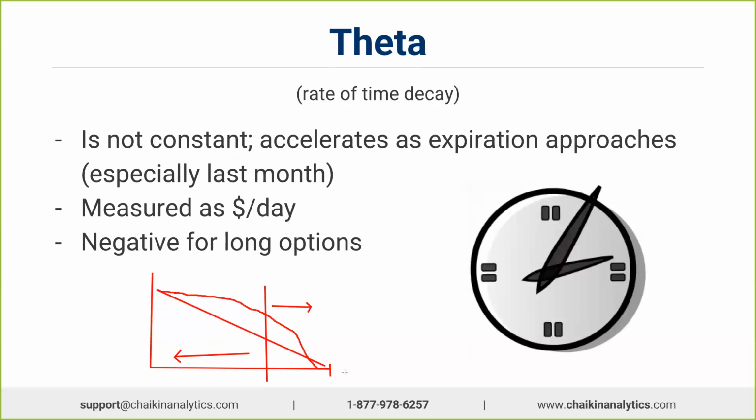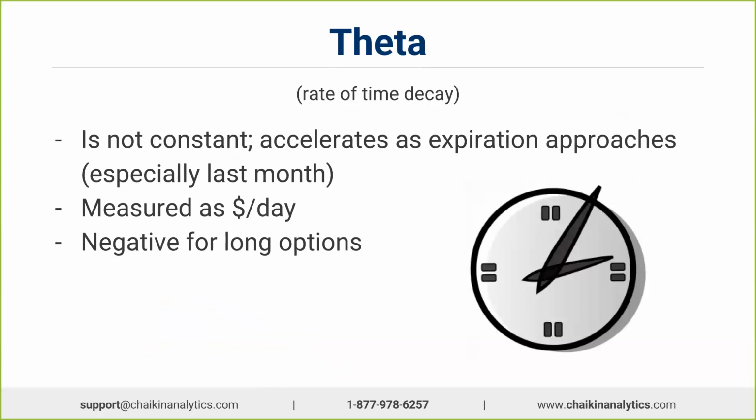Remember, time decay is like wax to a flame. The closer you bring it to the flame, the quicker it is going to melt. And the expiration date, that is the flame. Again, it's negative for long options. It's positive for short options. It helps us when we are short.